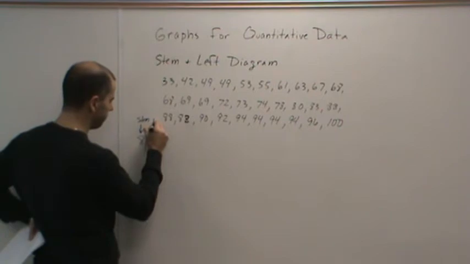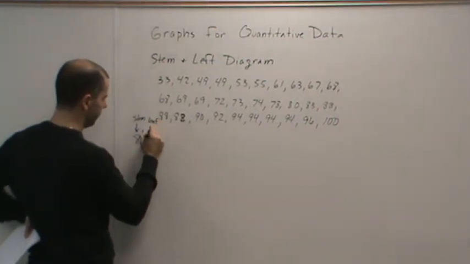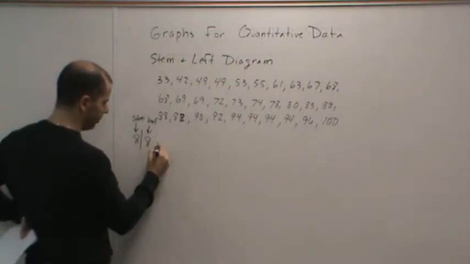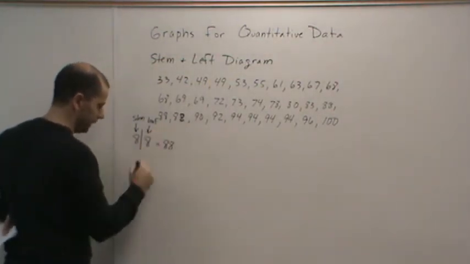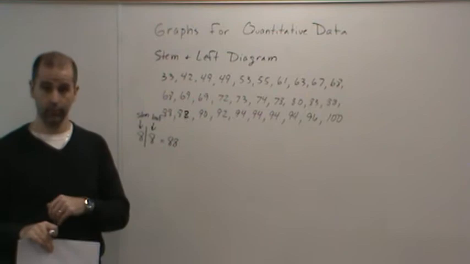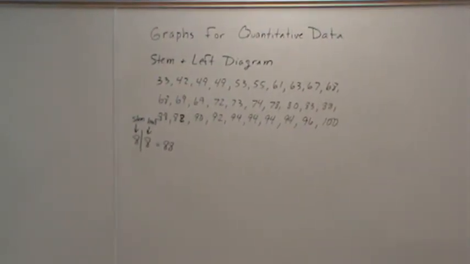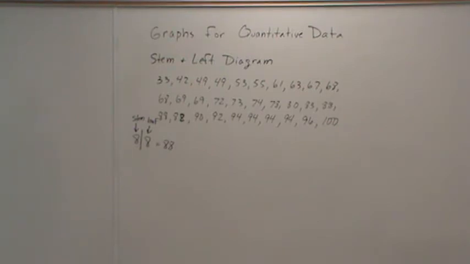The leaf represents 8. So this would represent 88. Understand? So this is the key that I would put on my graph to let my audience know how to read my table. Okay? So that's what I'm going to start with.